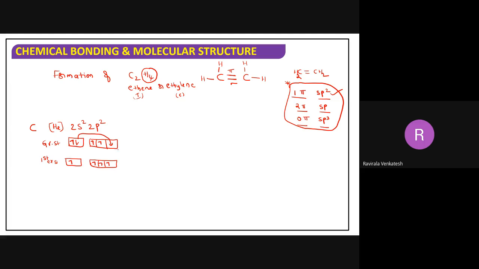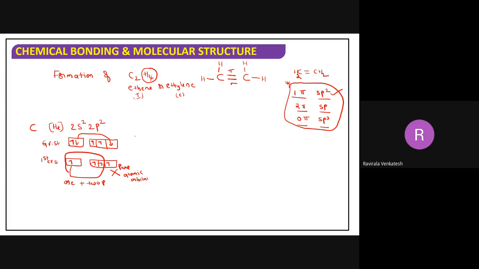Even though all orbitals have electrons, only one s orbital and two p orbitals will overlap here. This other one is not involved, it is again a pure atomic orbital. Understood?